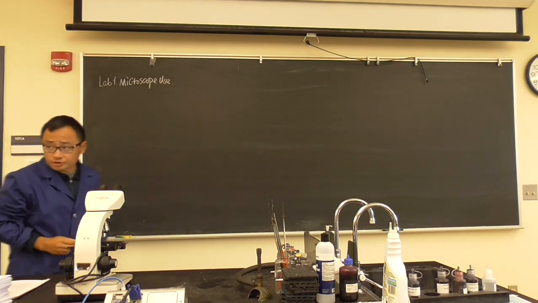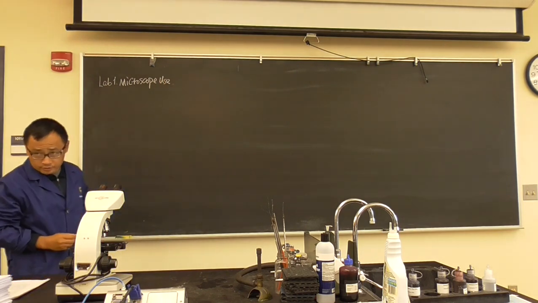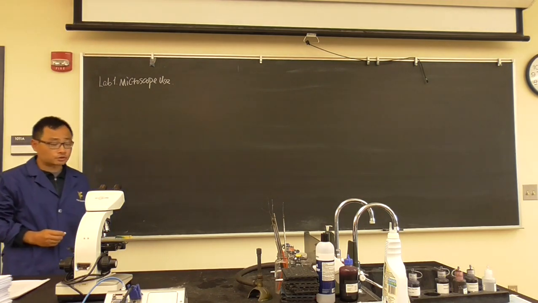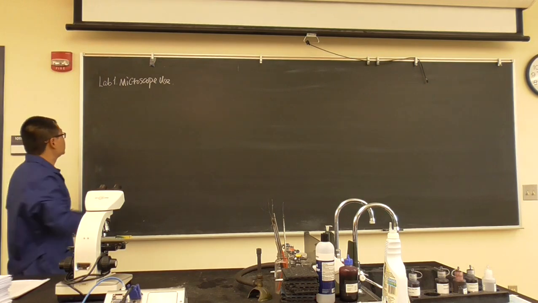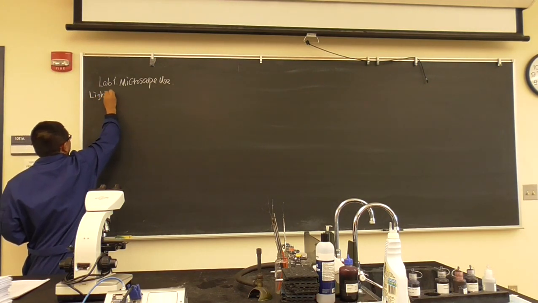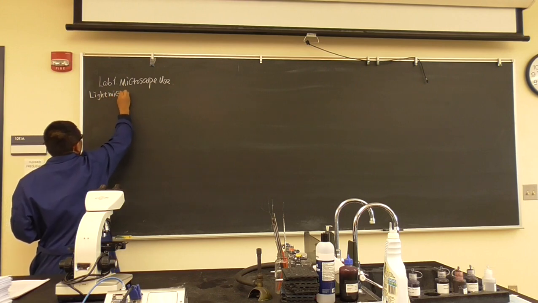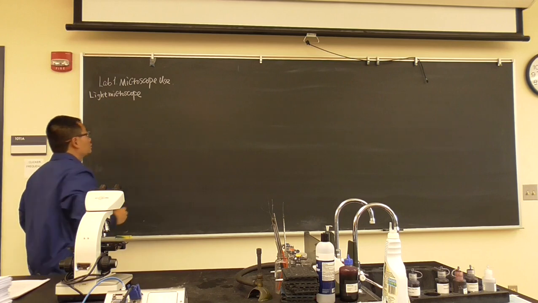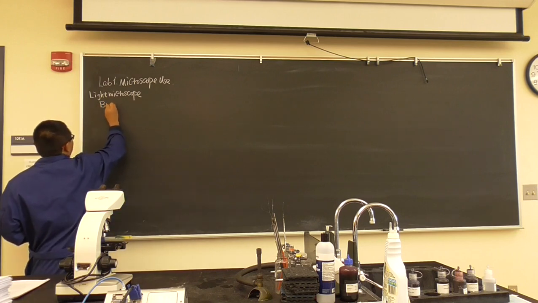So we already mentioned in the lecture, microorganisms are too small to see. So we need to use a tool which is called a microscope. And the one we're using here is the light microscope, and it is called bright field.